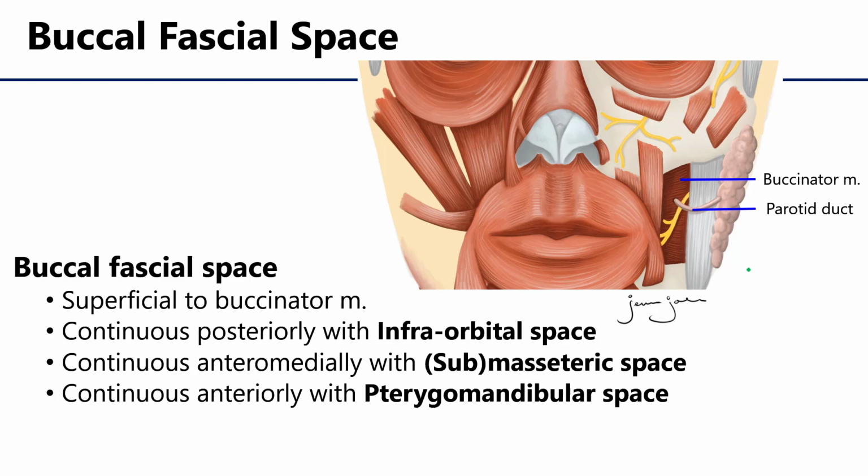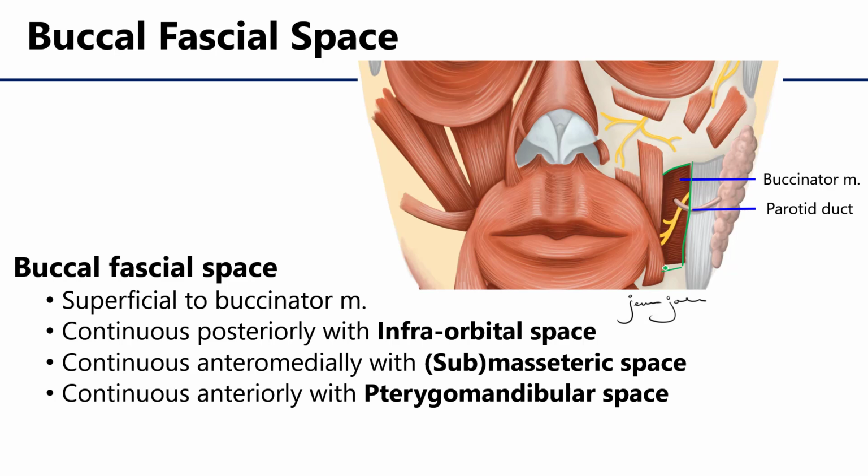It's very obvious in your donor. It's kind of bounded posteriorly there by the masseter muscle. We can see the zygomatic bone is the roof to that. It will go down to the mandible.